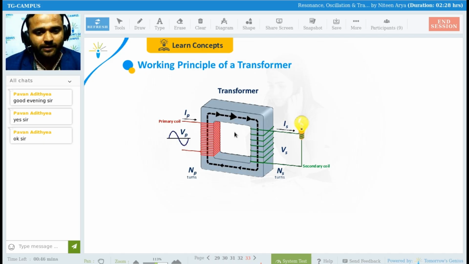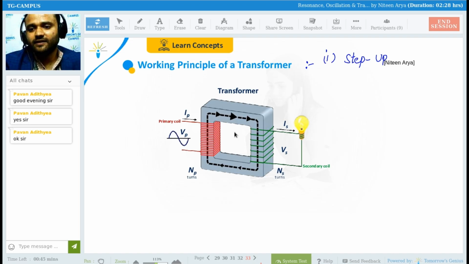As you can see, this is step down. What is the meaning of step down, step up? There are two types of transformer. Step up: increase the voltage. Second, step down: decrease the voltage.